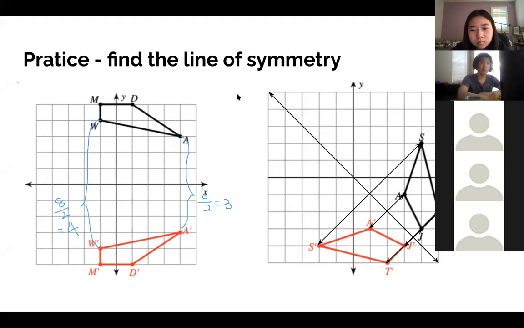Now, if we apply the same logic to this point, A prime, we also find that the point is equidistant to the line of symmetry because 1 squared plus 1 squared is 2, so square root of 2. Now because we know the two points have equal distances to the line, we can deduce that this is the line of symmetry right over here, because each point has a corresponding point that has the equal distance to the line.